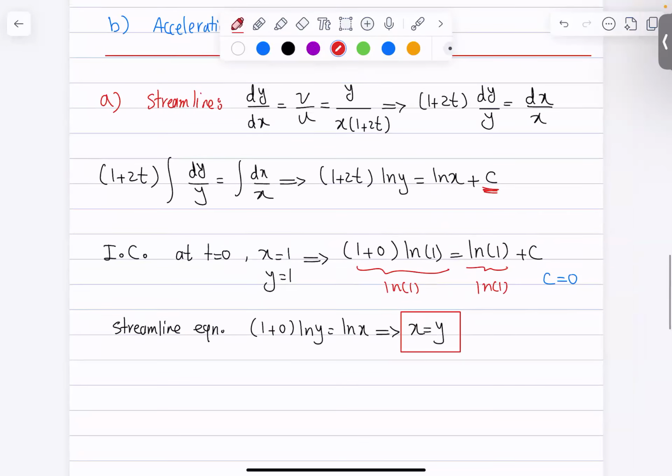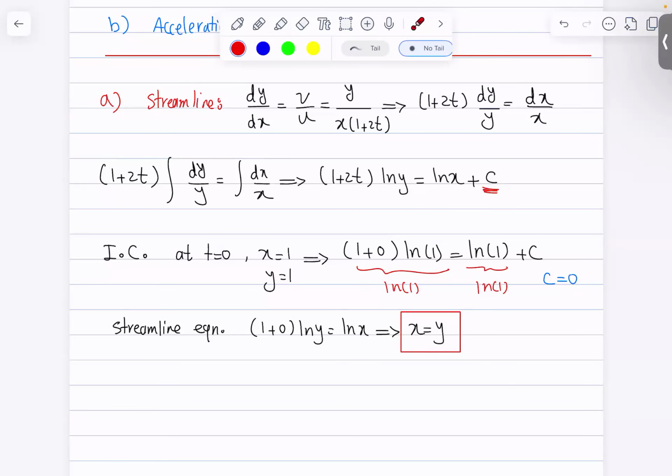So again, what are the steps? We start with the streamline equation, dy/dx is v over u. We plug in the v and u for this velocity field, then we integrate similar to the example from the textbook. Once you integrate, you apply the initial condition, which says at time 0, x and y have to be 1. So you plug that in, you find that the constant c is 0. And so at time 0, the streamline equation is x equals y, right?